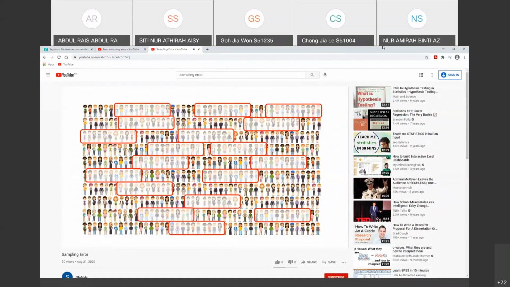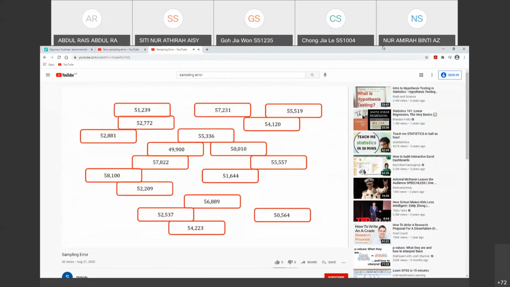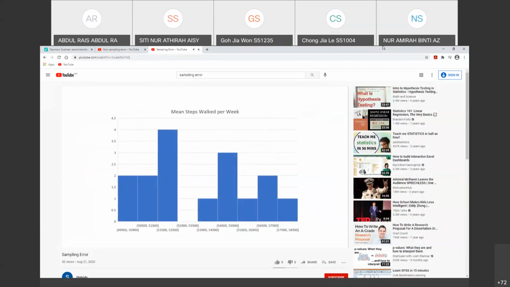And because there is natural variation in the population, each sample will have a slightly different sample mean. Then we could think of the collection of sample means as a set of data itself. And we could look at the distribution of these sample means as a histogram. So each data point in this histogram is a different mean from a 10-person sample. And we can see that different samples have different sample means.